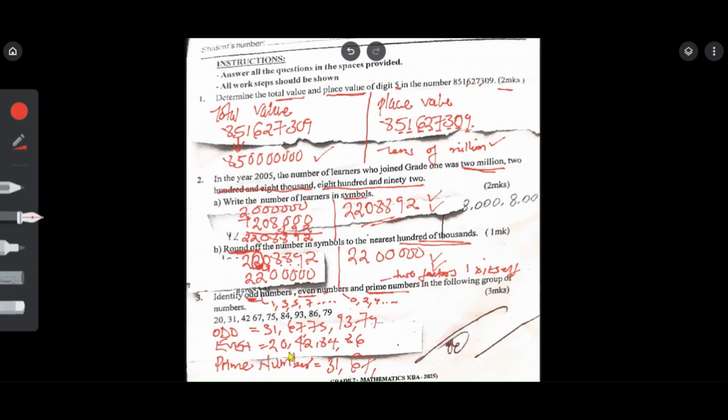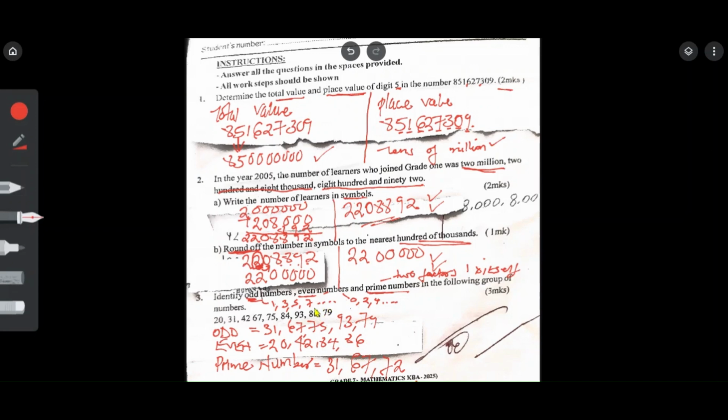So 67 is a prime number. Then 75, no. 84, no. 93, no. 93 is divisible by 3; 31 multiplied by 3 gives you 93. So this is not a prime number. 79, yes. And I would wish you try to see whether indeed these numbers are prime numbers.